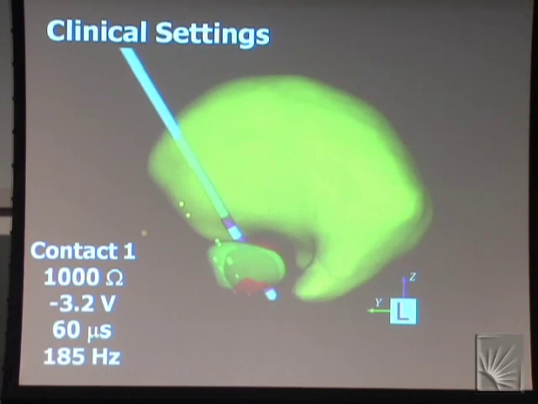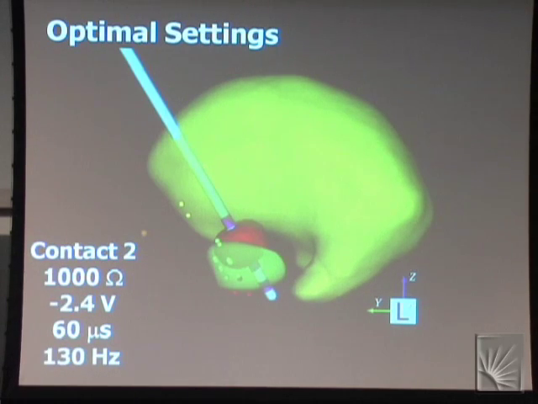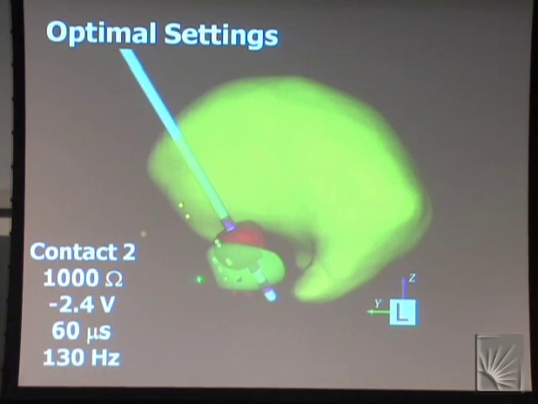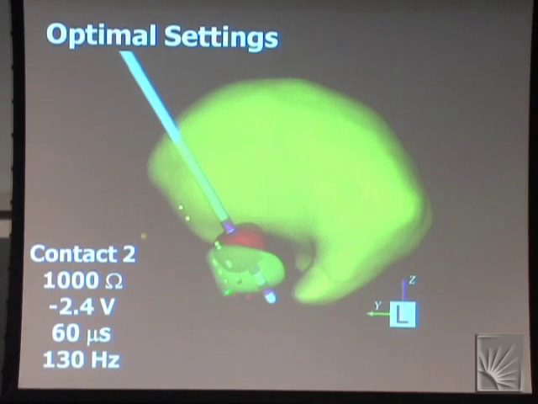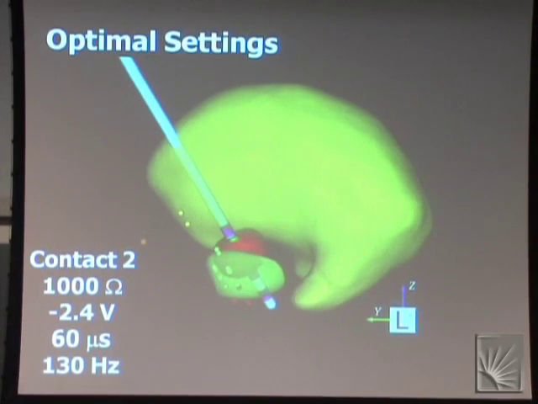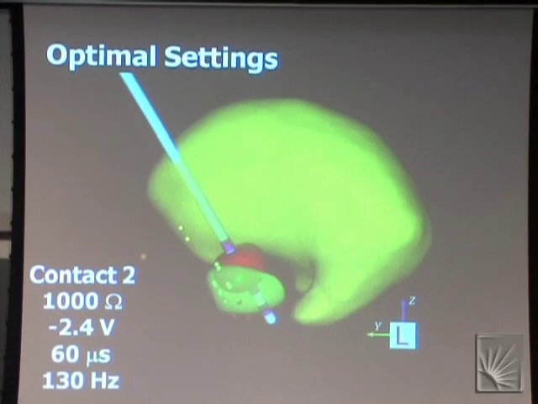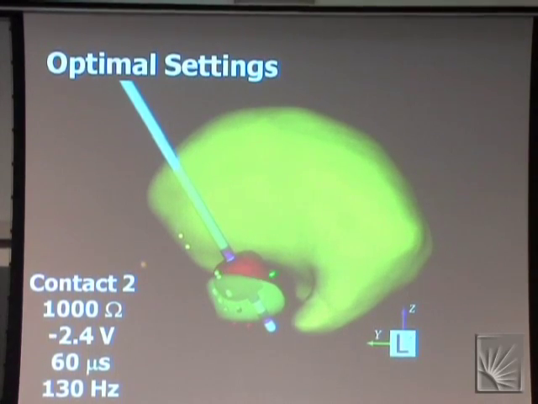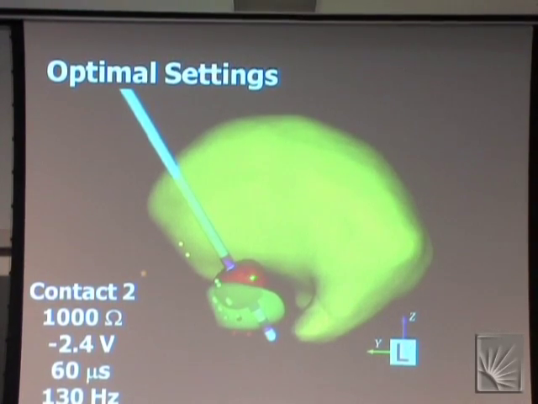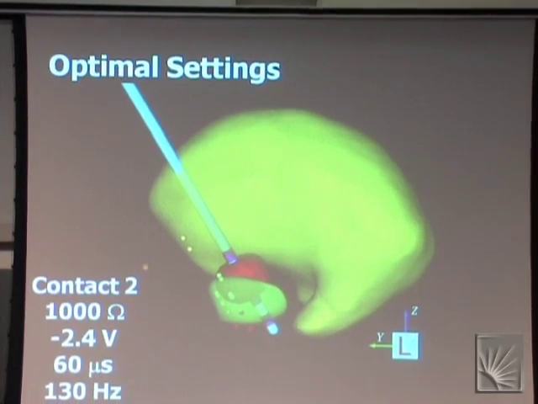And so when we compare this patient's clinical settings that were selected without any knowledge of cognitive evaluation to their theoretically optimal settings, we see that we've moved the stimulation out of these bad areas down here and forced it to be higher up into the motor areas of STN and, as I said, this fiber pathway area just dorsal to the STN.